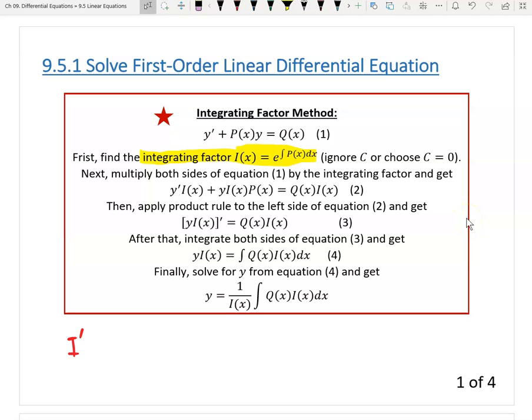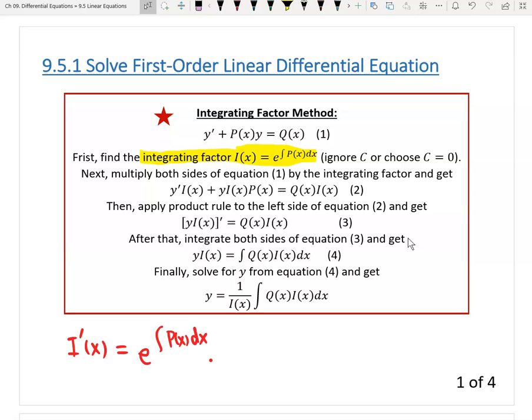The derivative of I equals what? I is this composite function we defined, right? To take the derivative of a composite function, we have to use the chain rule: the derivative of the outer times the derivative of the inner. The outer function is e raised to a power. Its derivative is itself, e raised to this same power.